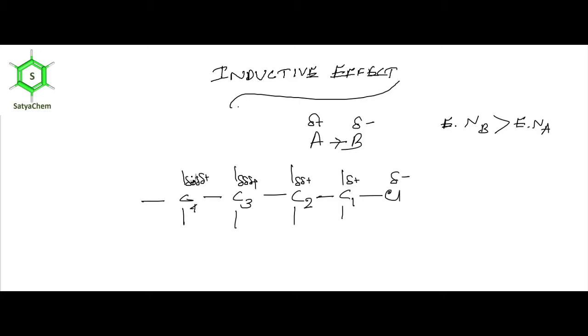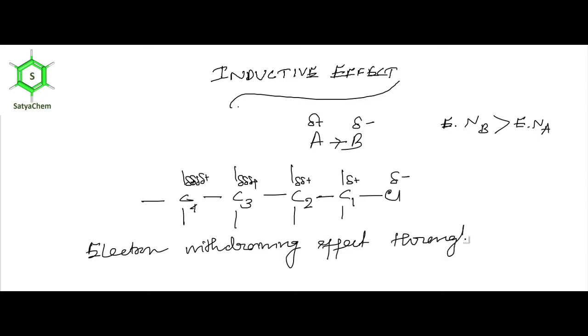So this type of permanent electron withdrawing effect through sigma bond is called minus I effect. That means electron withdrawing inductive effect.